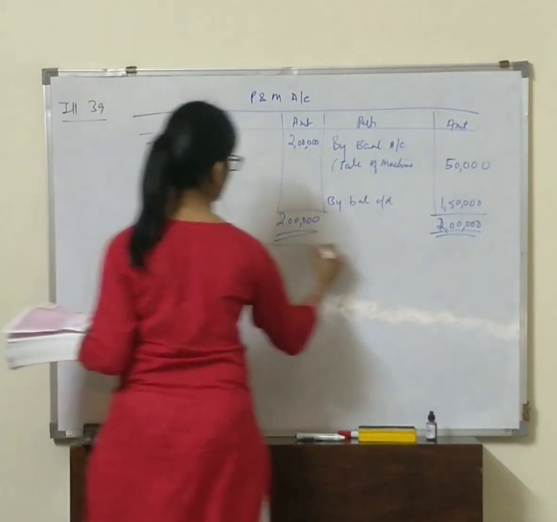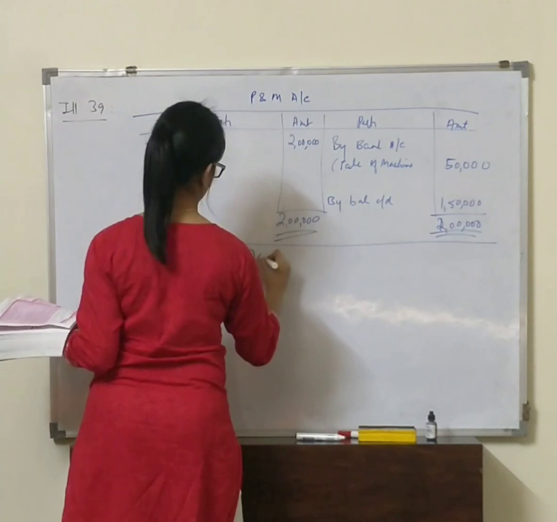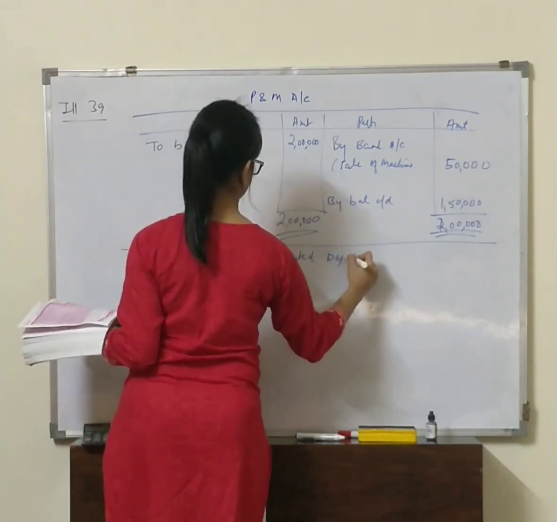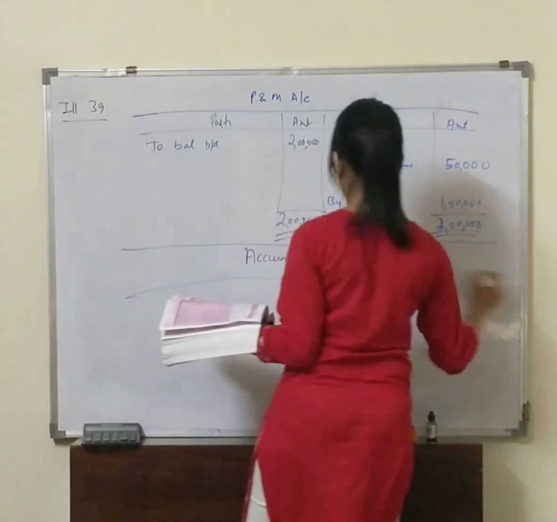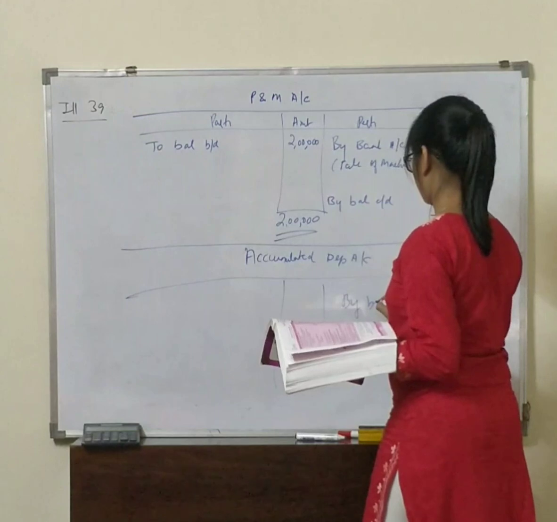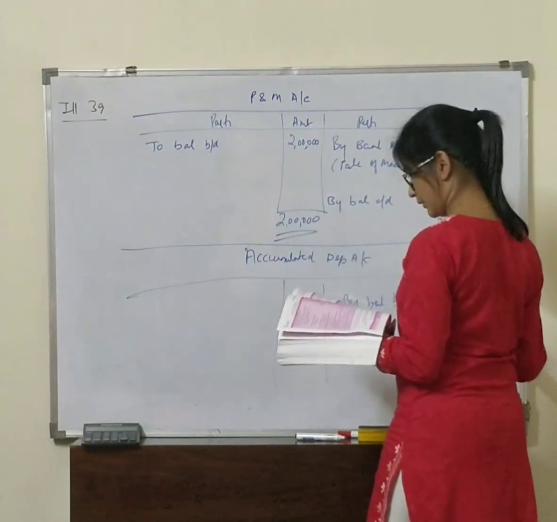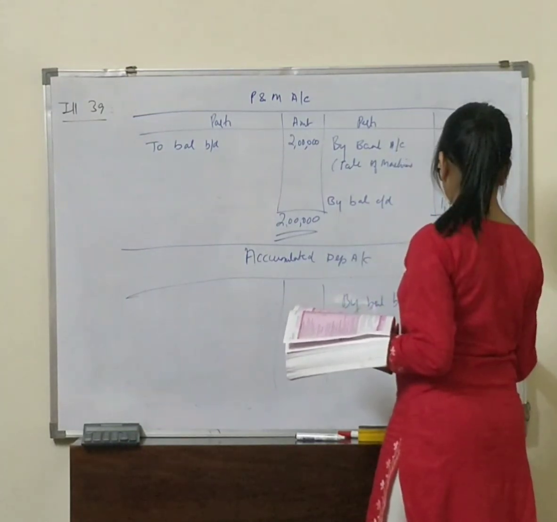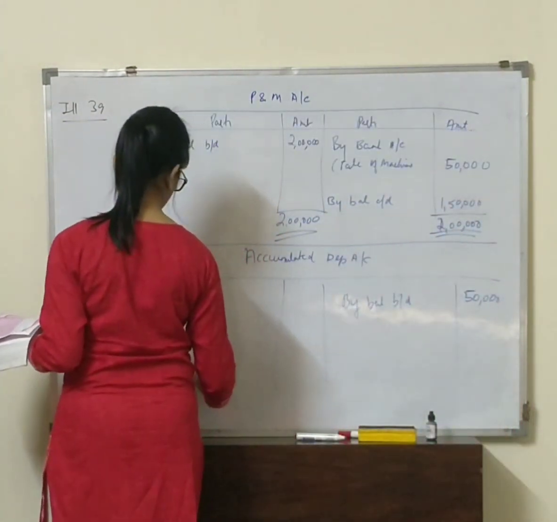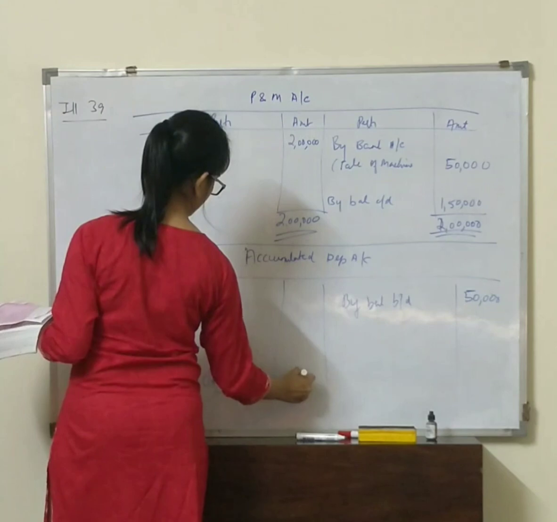So next, prepare accumulated depreciation account. Again, first step is to bring down the balance. Why balance brought down? What's the balance? 50,000. To balance carried down, it is 60,000.